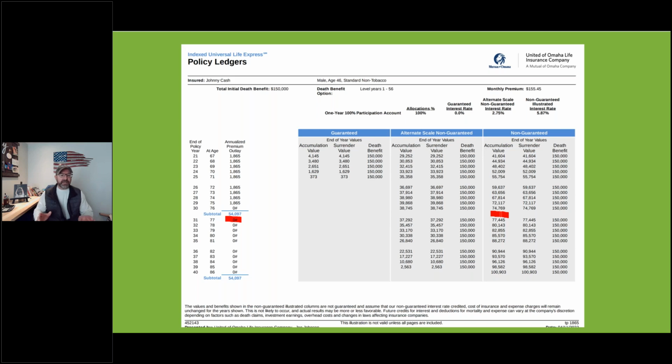Wow. Okay. If you look at the cash value on the ROP, they're going to get back $68,000. In this illustration, they're going to get back $74,000, which is $6,366 more.